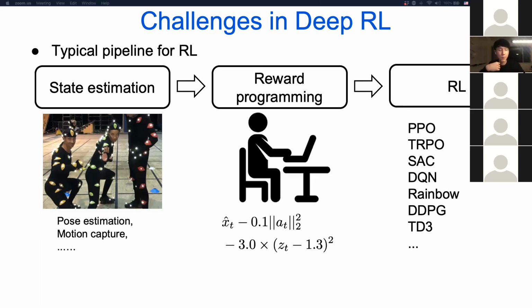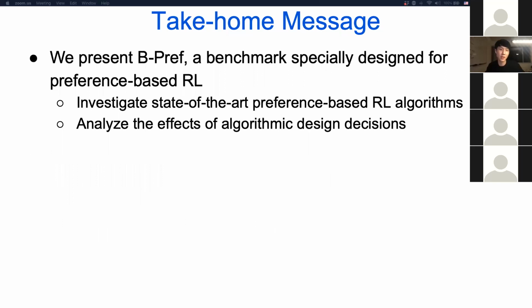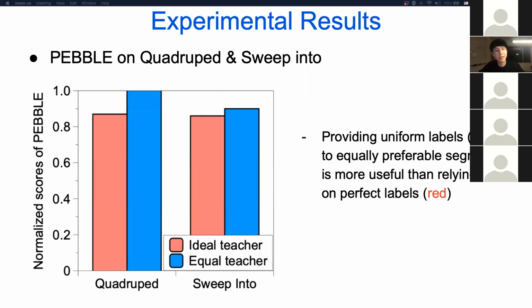So the experiment about the uniform label almost reached the baseline, right? Yes, that was our finding. Can we say that it almost resembles the real human teacher? Can you think like that?